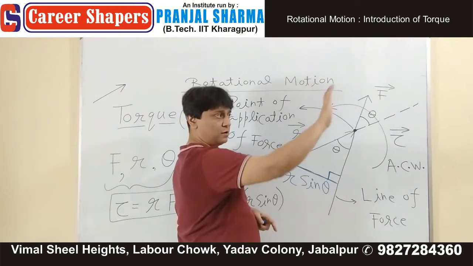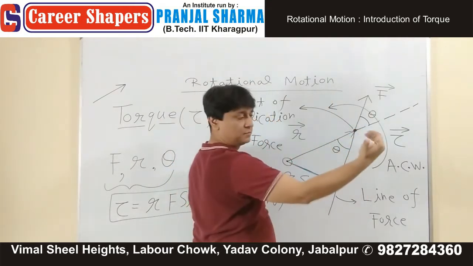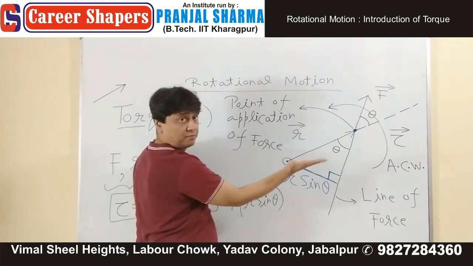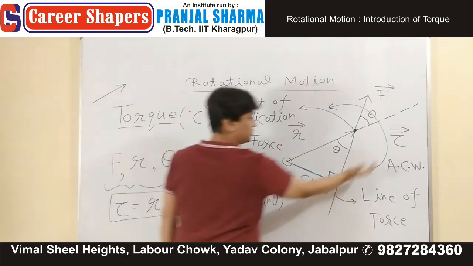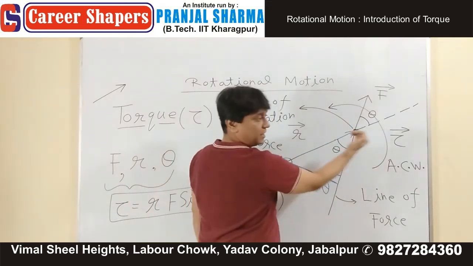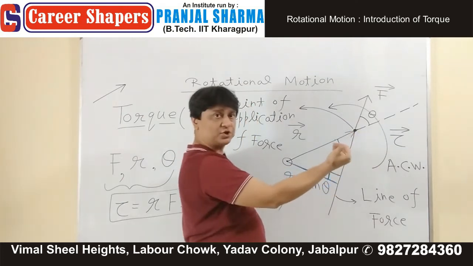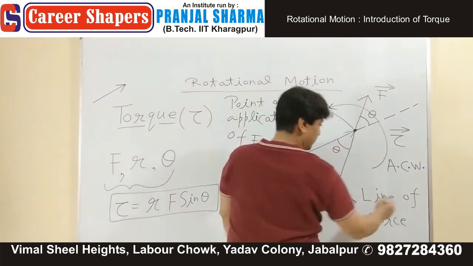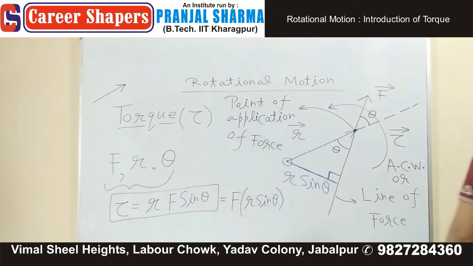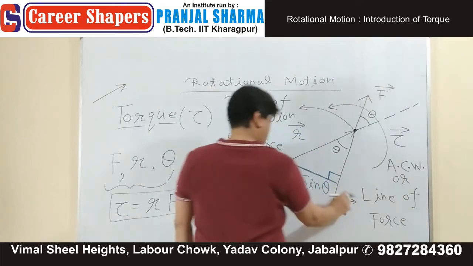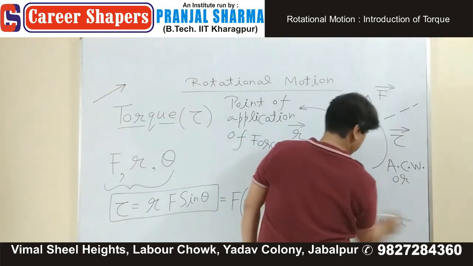Curl along the rotation. I hope you can see that the thumb lines up with the axis of rotation. So this torque has this direction. What is this direction? Either you call it clockwise, anti-clockwise, or you can call it dot.